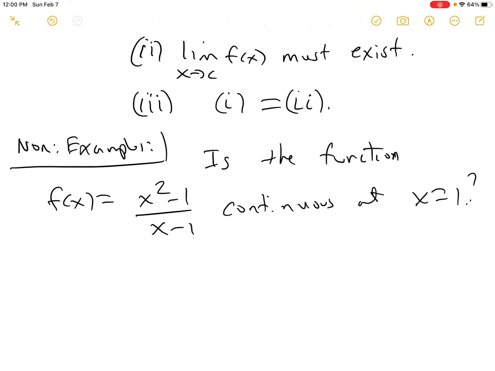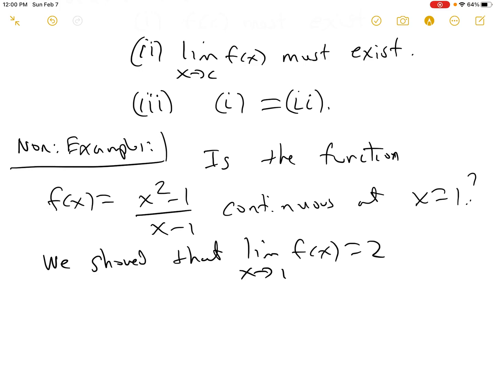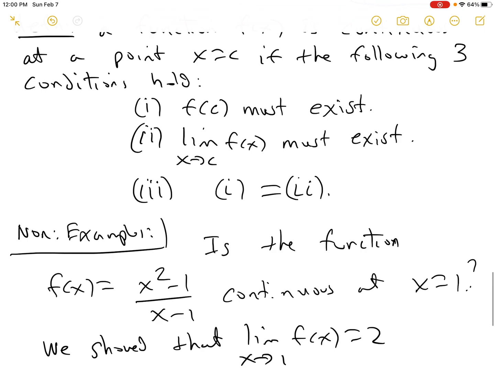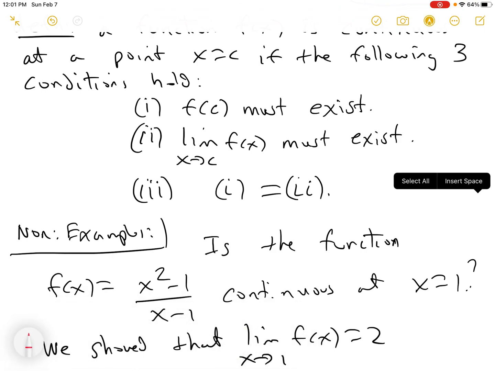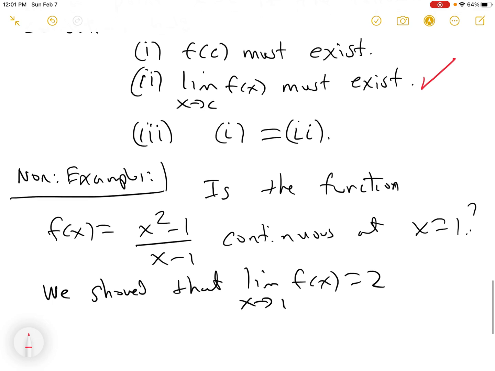Well, we showed in the last video that the limit as x approaches 1 of f of x is 2. So this piece is right: it's a two-sided limit, it exists and it's equal to 2.